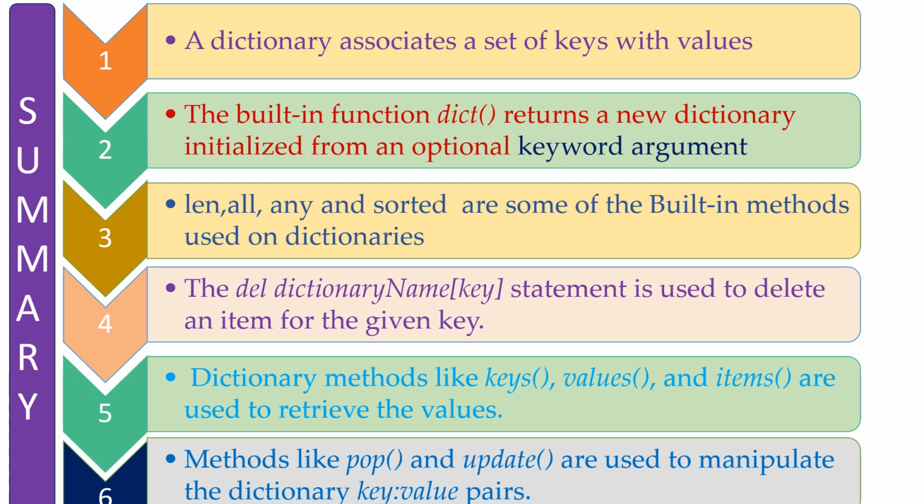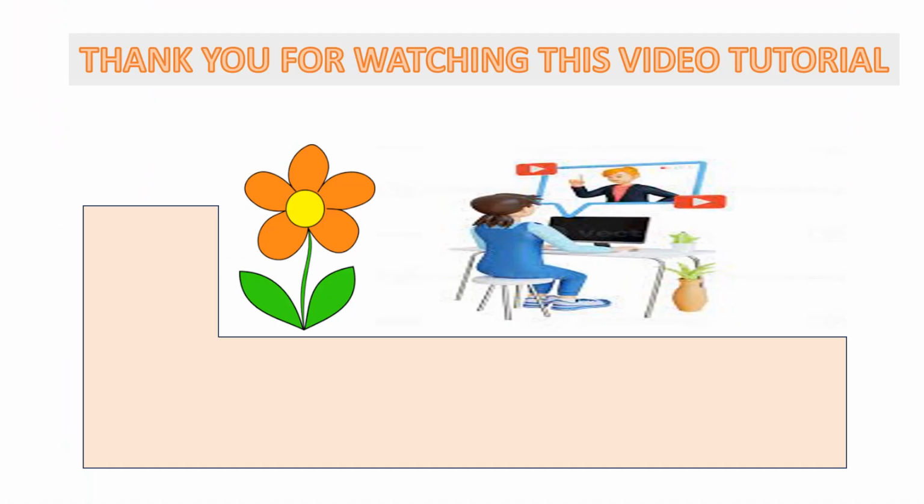The dictionary methods like keys, values, and items are used to retrieve the values. The methods like pop and update are used to manipulate the dictionary key value pairs. Thank you for watching this video tutorial.